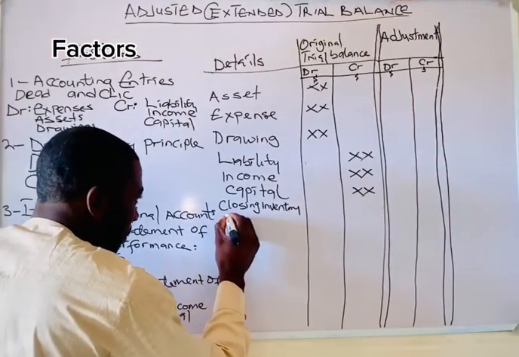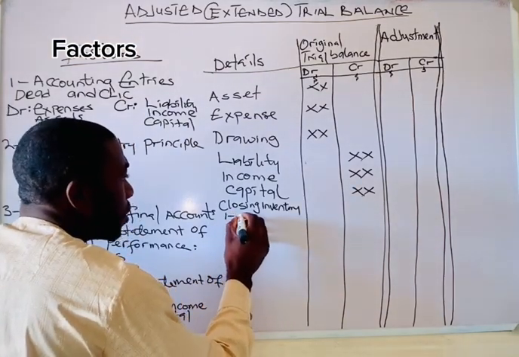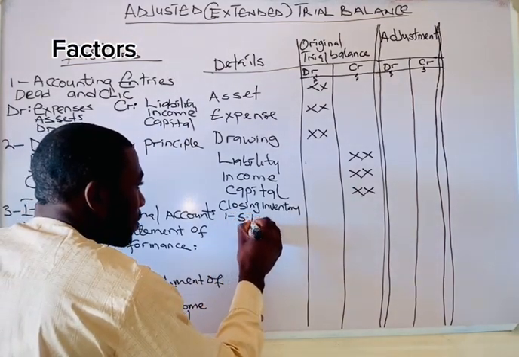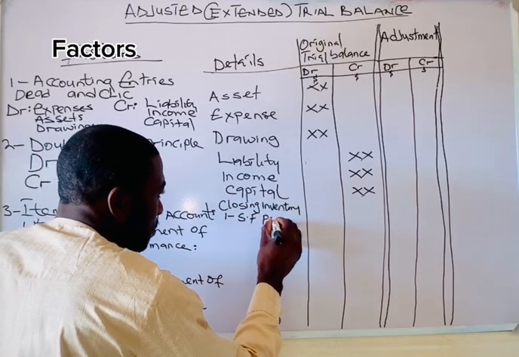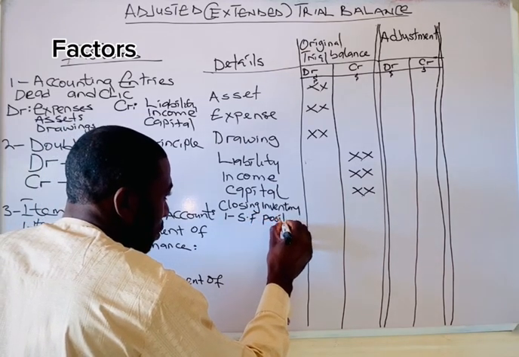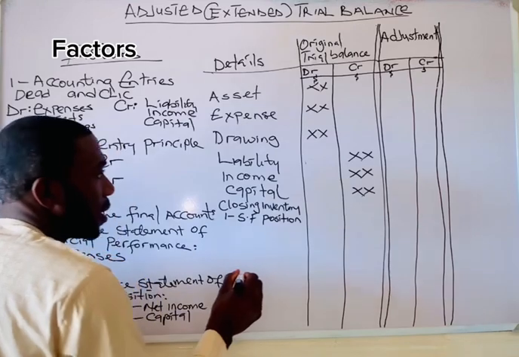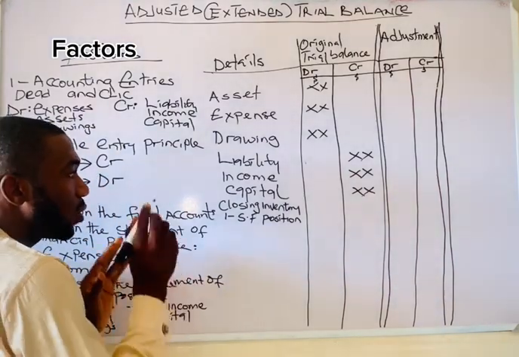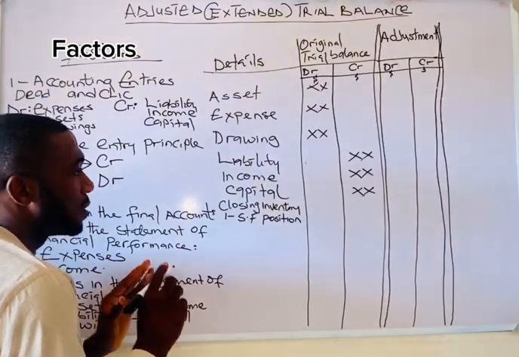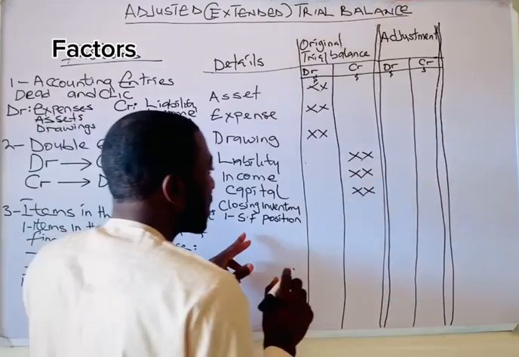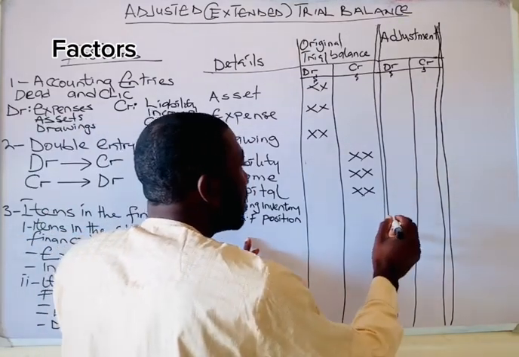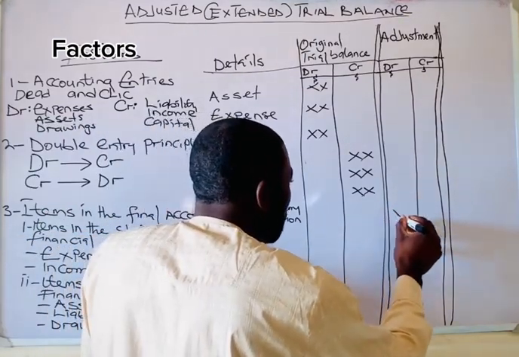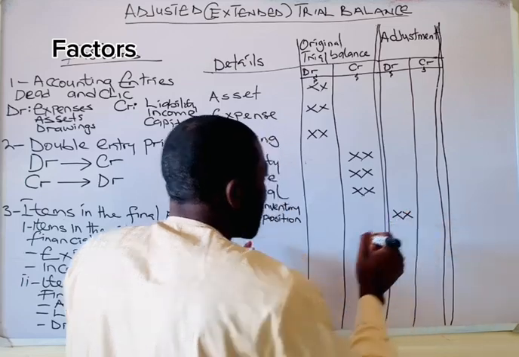One, the one that will go to the statement of financial position. This closing inventory is an asset, so it will be debited. It will be at the debit side of the adjustment.